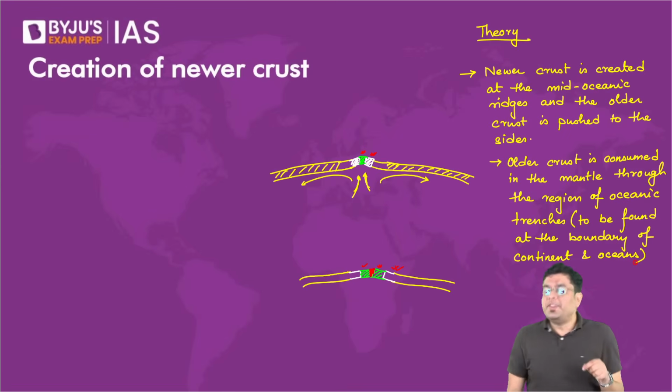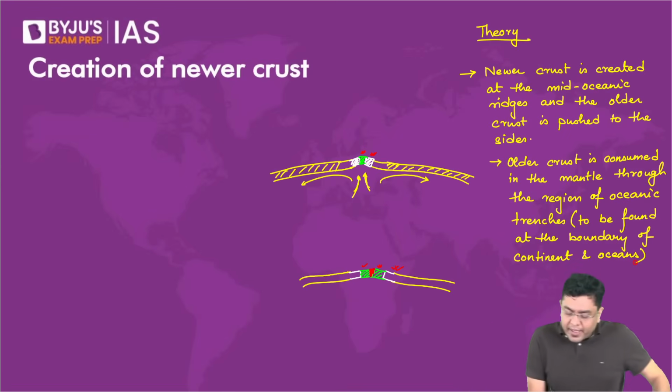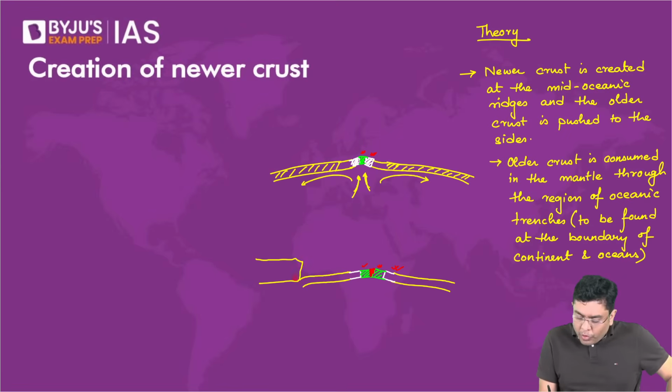Okay, that is how you have the older crust which is consumed. The older crust gets consumed.